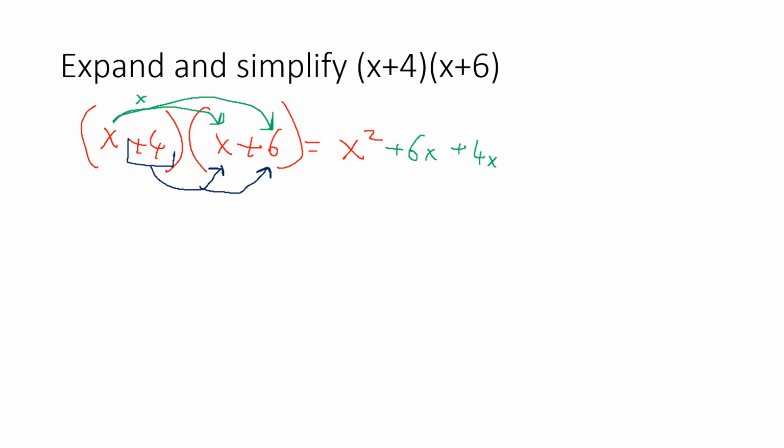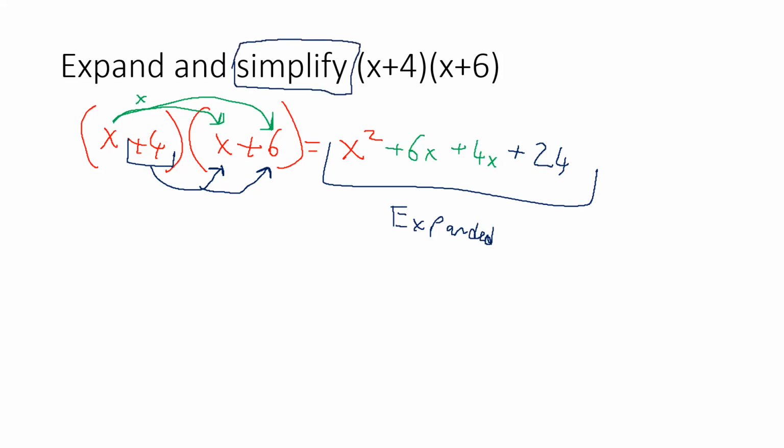And finally, 4 times 6 is just equal to 24. Now, this is fully expanded. However, we need to now simplify it.